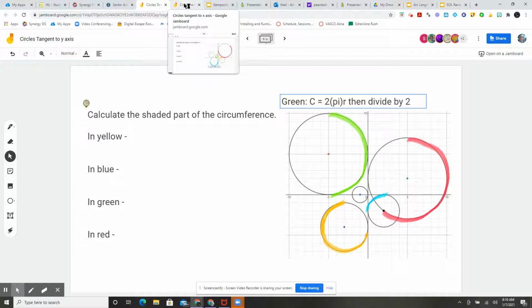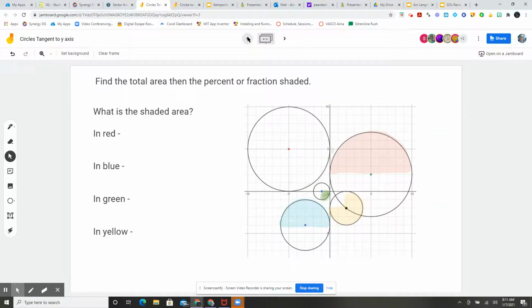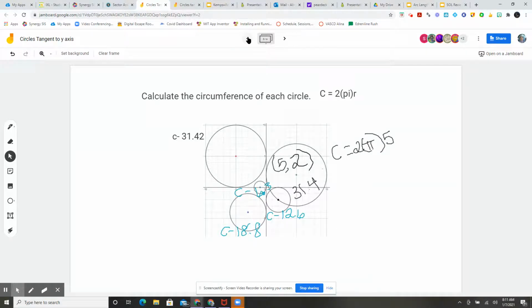Circumference, area, radius, and circle equations. Nice work, everybody.